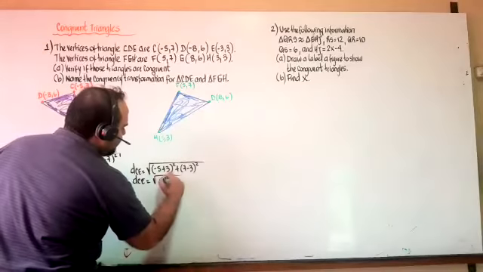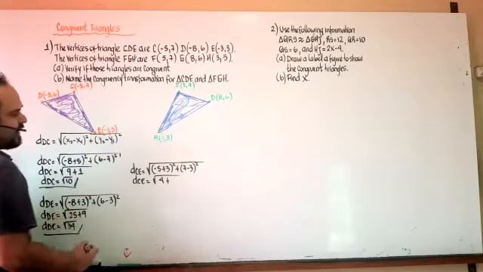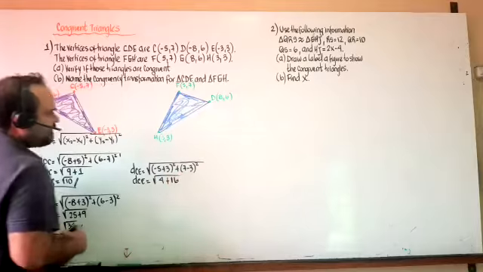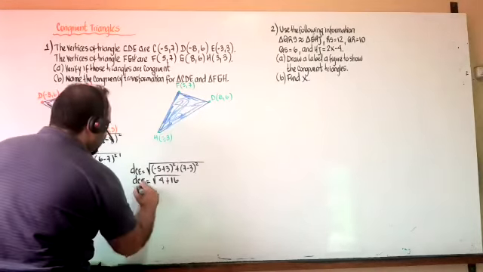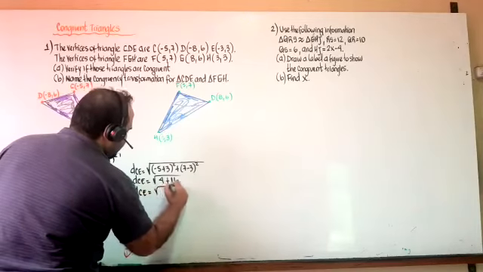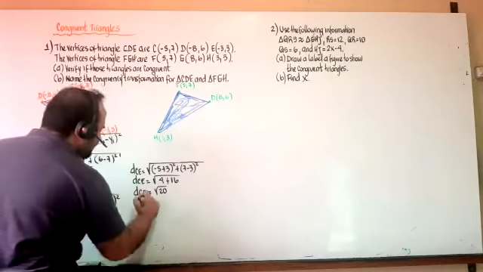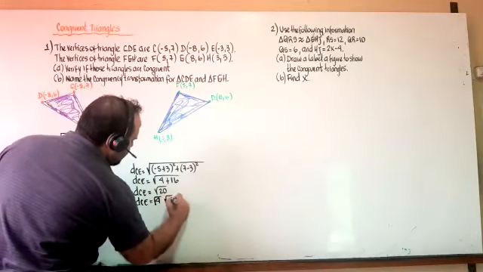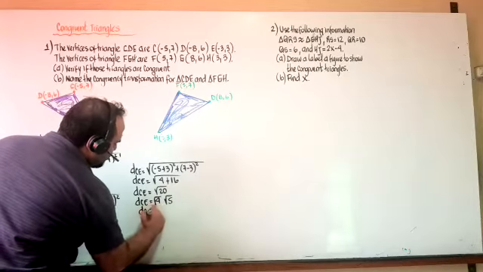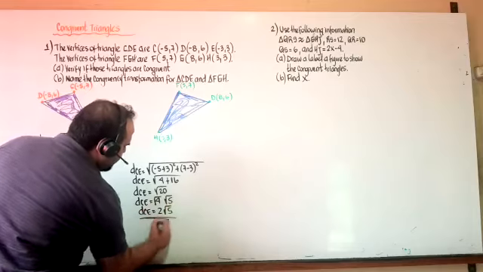Second power, 4, plus 7 minus 3, obviously will be 4. 4 second power will be 16. And 4 plus 16 will be square root of 20. And 20 can be simplified like square root of 4 times 5. The square root of 4 will be 2. So distance CE will be 2 square root of 5 units.